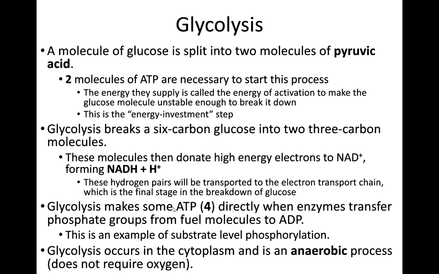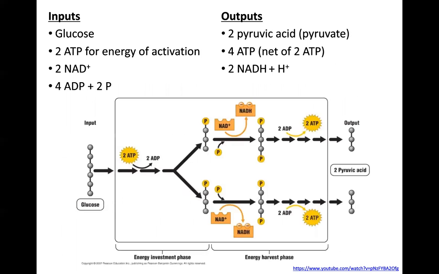We do make a little bit of ATP though, a total of 4 ATP. Okay, and this is a form of substrate level phosphorylation. But as you'll see on the next page, and I'll just jump there, in parentheses, behind 4 ATP, it says a net of 2, and I'll explain why that is in just a second.